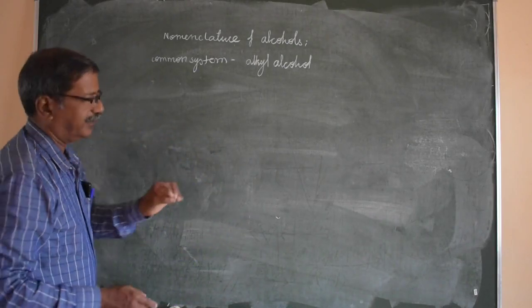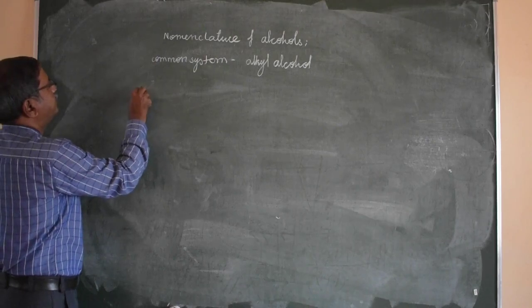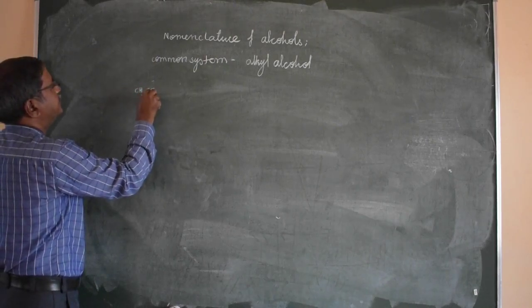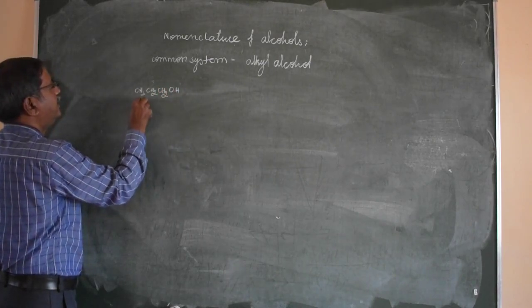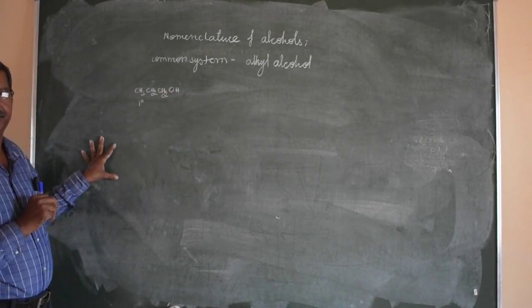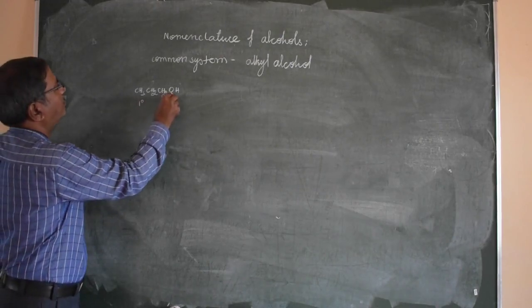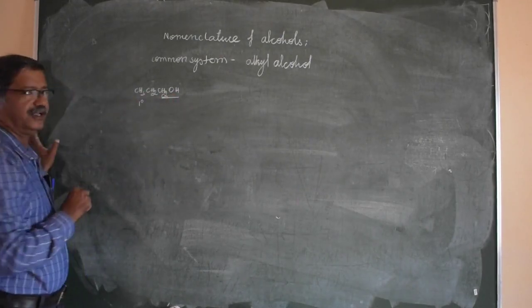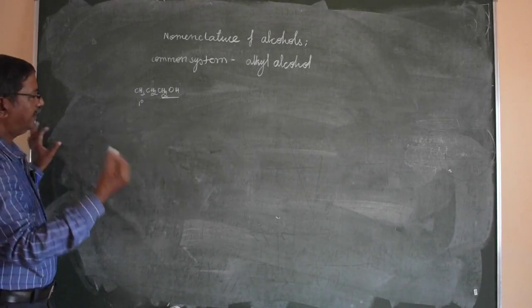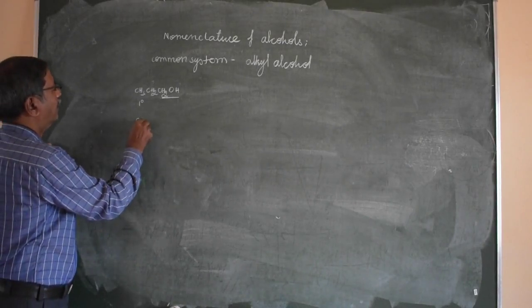So, primary example: CH3CH2CH2OH. It's a 1 degree or primary alcohol. As we know, primary means OH attached to the CH2, 1 degree. Then this is called iso.